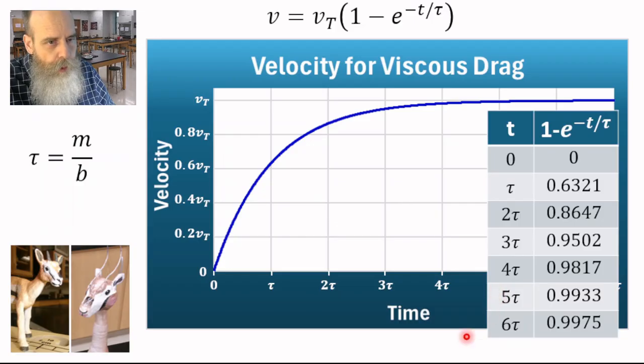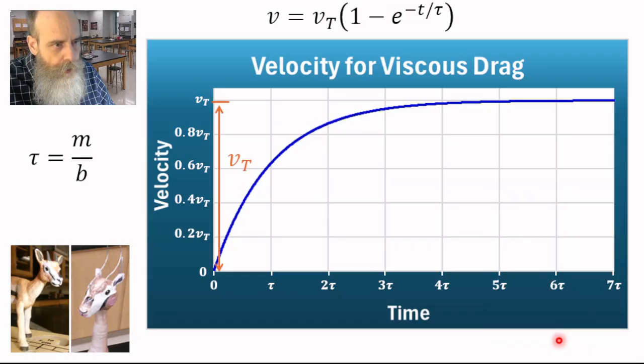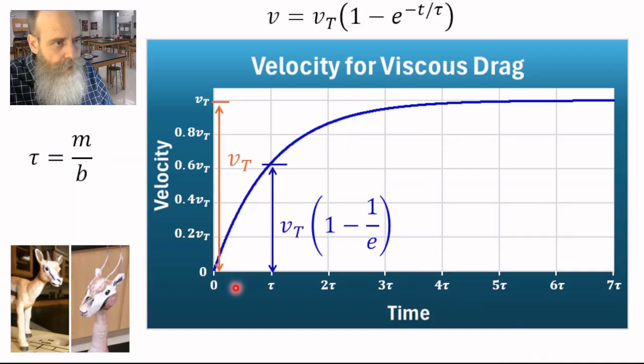Let's look at the factor 1 minus e to the negative t over tau. When t equals 0, it is 0. As t increases, it gets closer and closer to 1. When t equals 0, the v is Vt away from the final value of Vt.